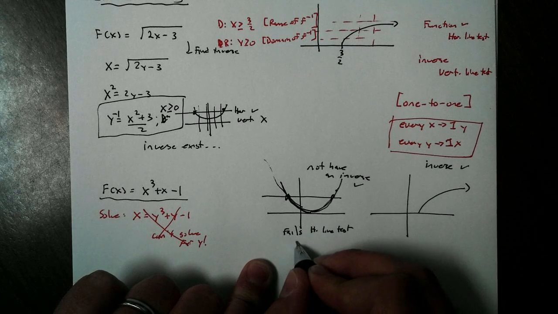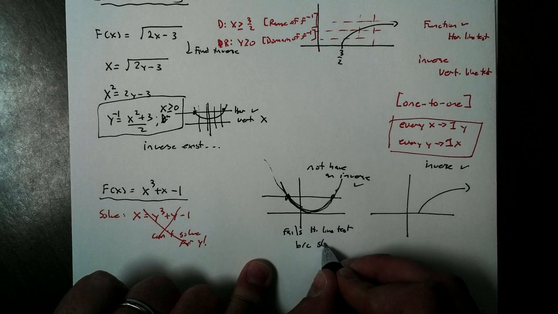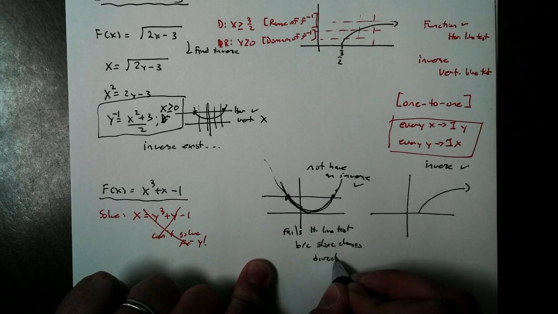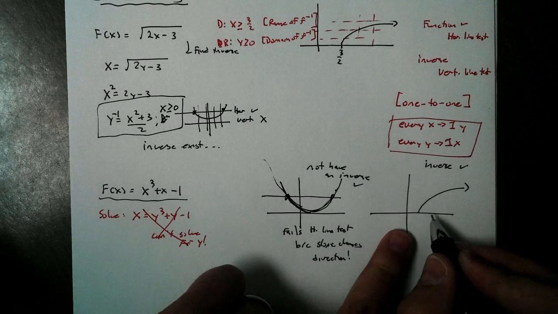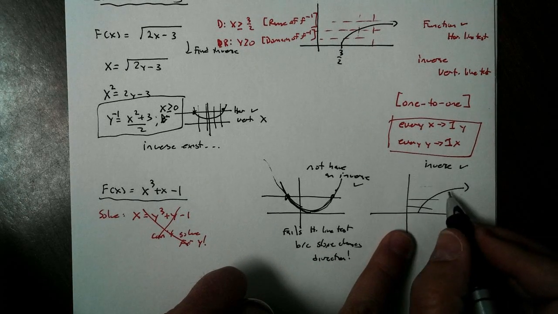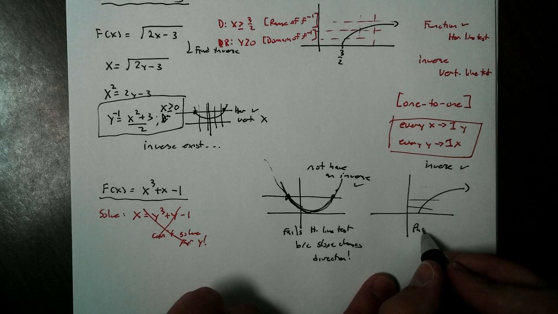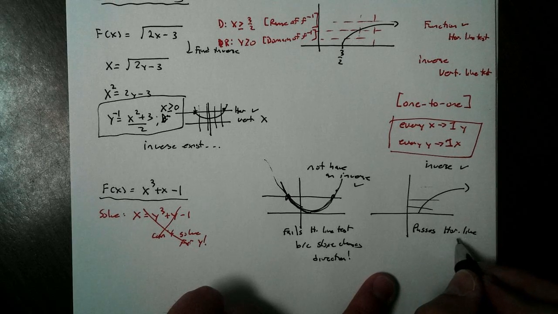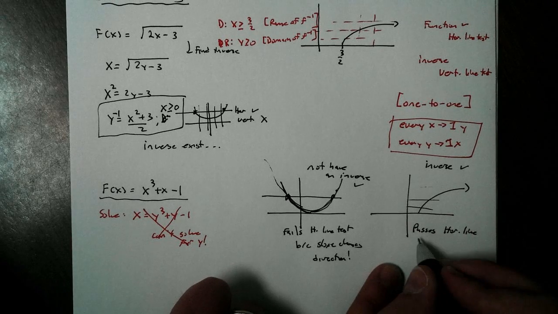And that is because the slope changes direction. Over here, this passes the horizontal line test. But why does it pass? Because the slope never changes direction.